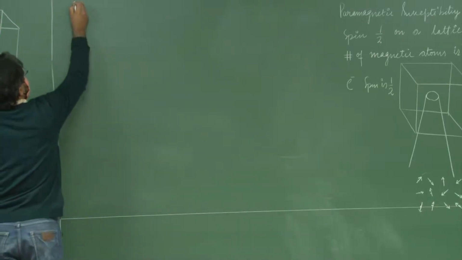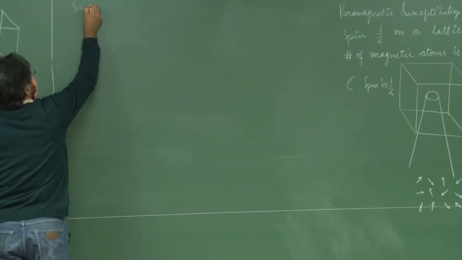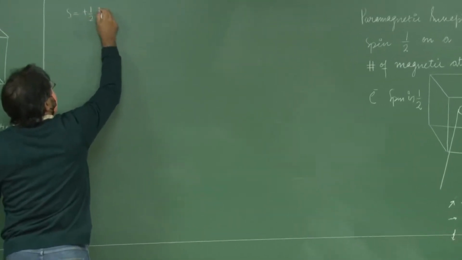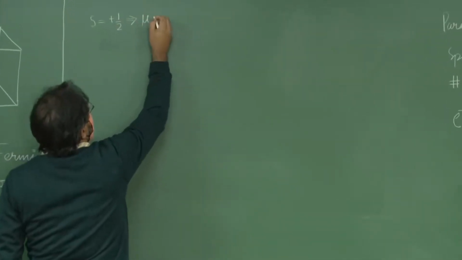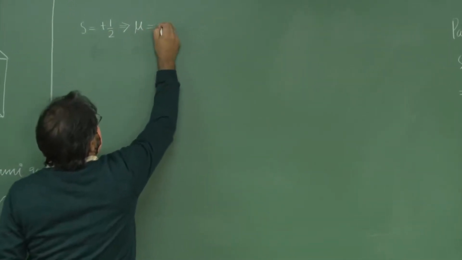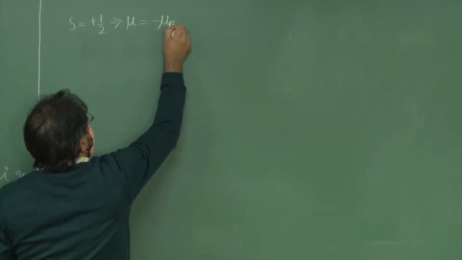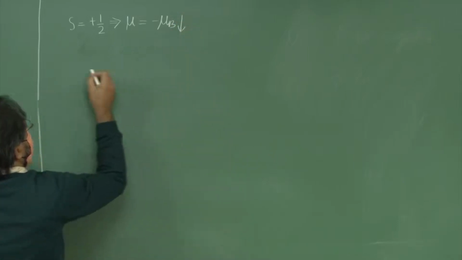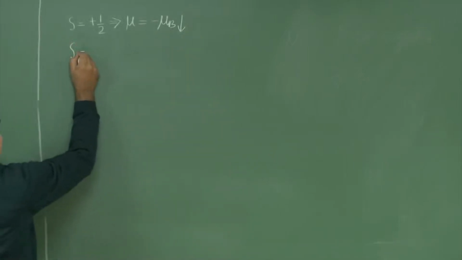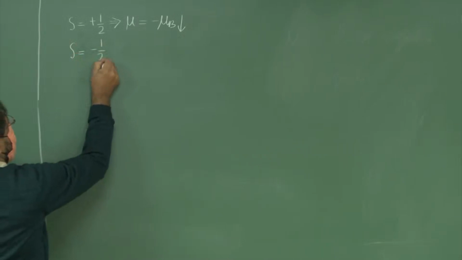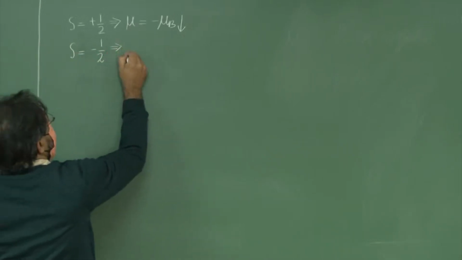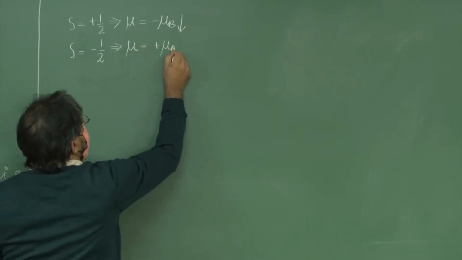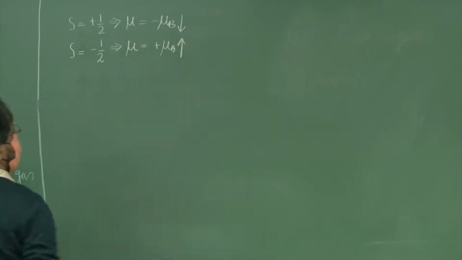So once again, when spin is plus 1/2, the magnetic moment mu on the electron is minus mu b, and which means it is pointing down, and when s is minus 1/2, the magnetic moment is plus mu b, which is pointing in the upward direction.